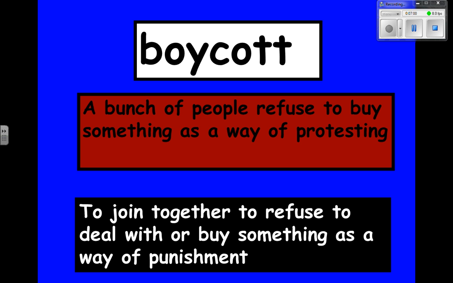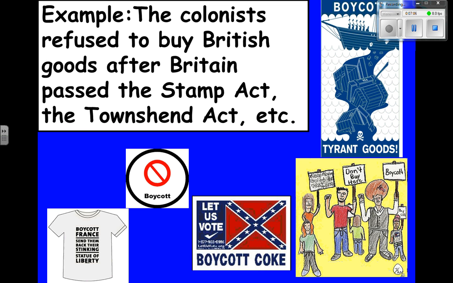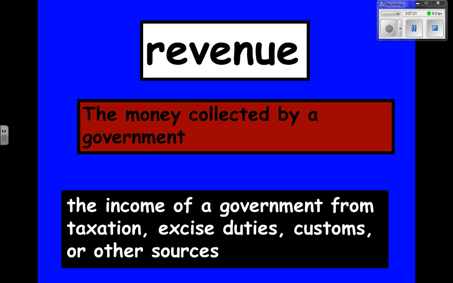But going back to boycott, in this colonial example, we have a lot of colonists refusing to buy British goods after British Parliament passes certain tax acts, and the colonists refuse to use or buy those items.